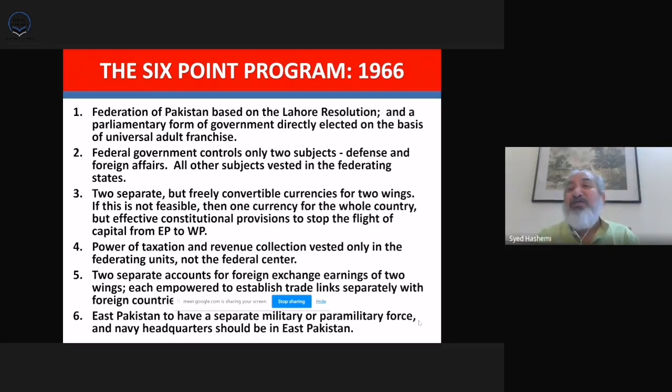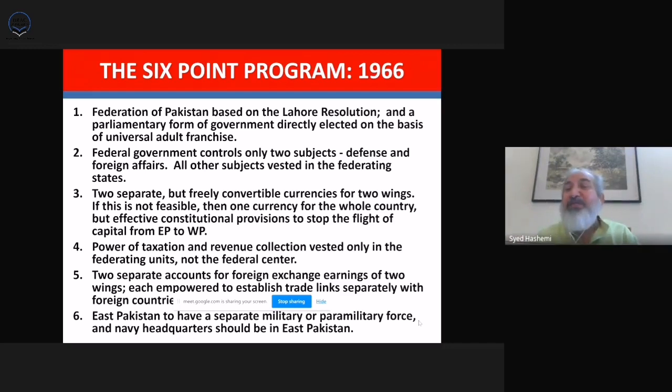We wanted 2 currencies or 2 separate central banks. Also for foreign exchange, we wanted 2 separate accounts. Whatever East Pakistan would earn through the export of jute and others, and tea, we would control it. It would not go to Pakistan.